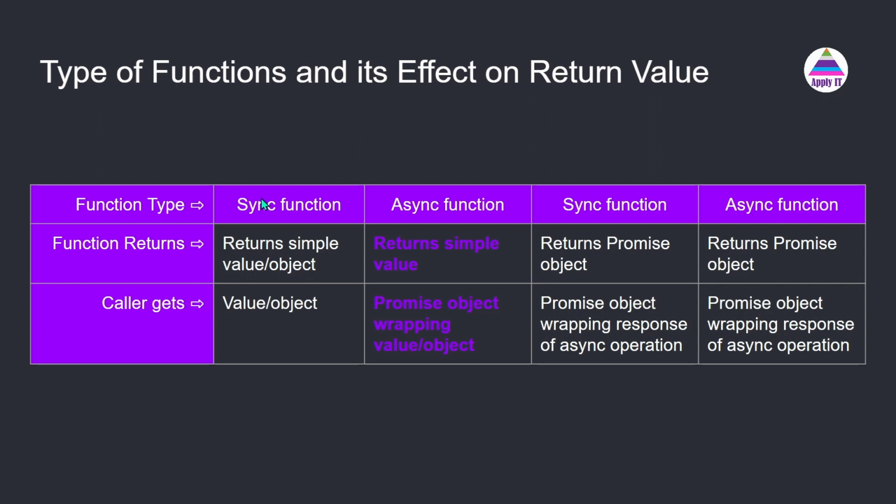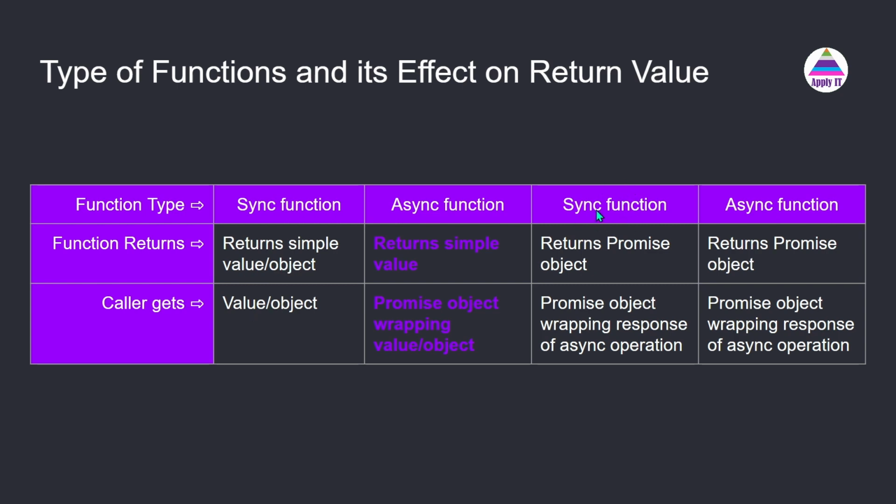So in summary, we try to understand all possible combinations of functions. A function could be a synchronous function or it could be an asynchronous function, and a function can return a simple value or object, or it can return a promise object itself. If the function is synchronous and is returning a value or object, the caller will get that particular value or object.